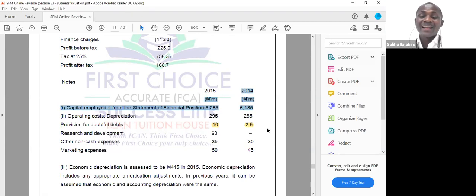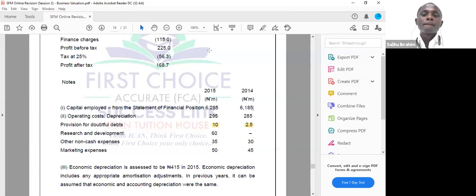If it was 12.5 at the beginning of 2015, then obviously it was the same 12.5 at the end of 2014, right? So the provision for doubtful debt that I'm going to add back to my capital employed for 2014 is 12.5, not 2.5. Okay?